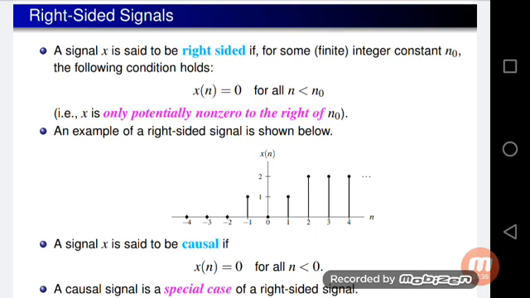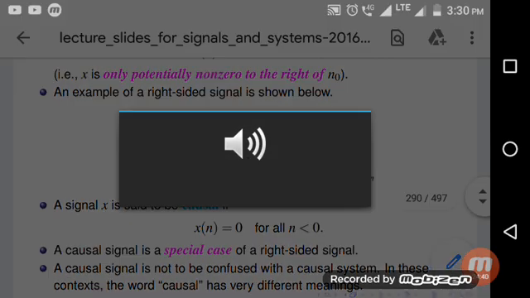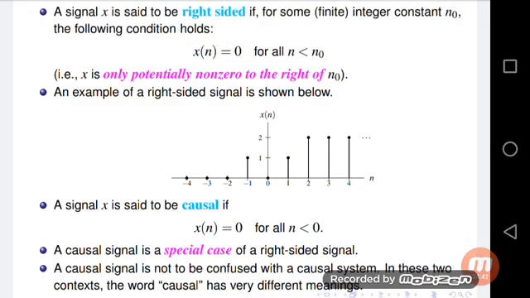An example of right-sided signals is shown below. The signal increases, with the samples going from minus 1, 0, 1, 2, 3. That means it will move forward to the right side. That's why it is called right-sided signals.